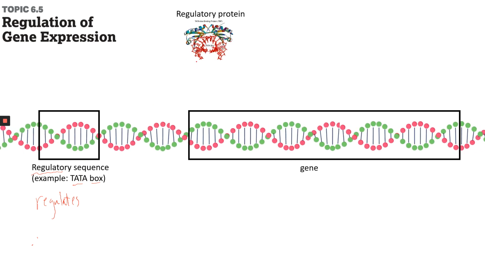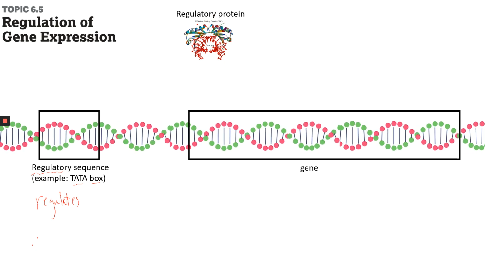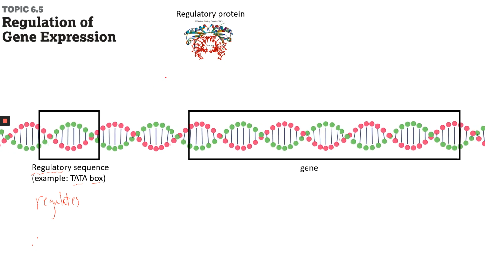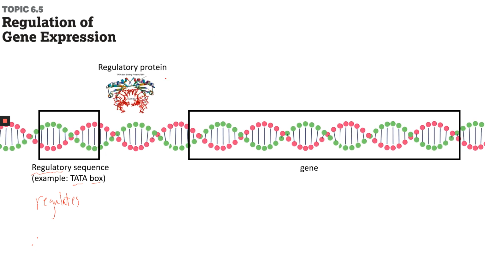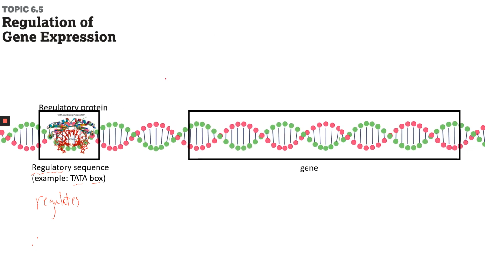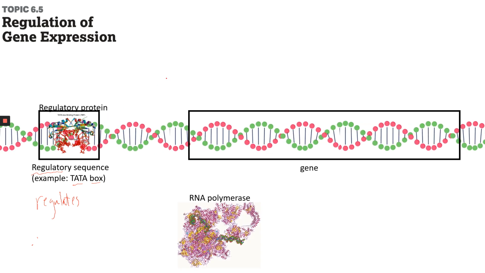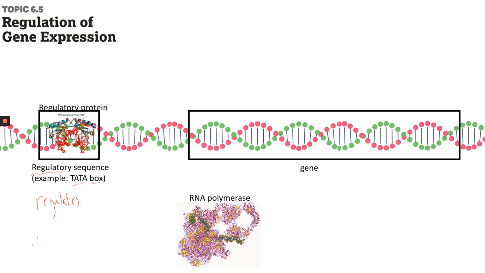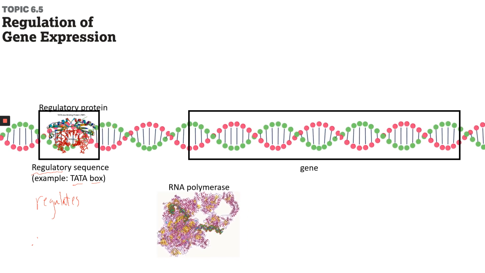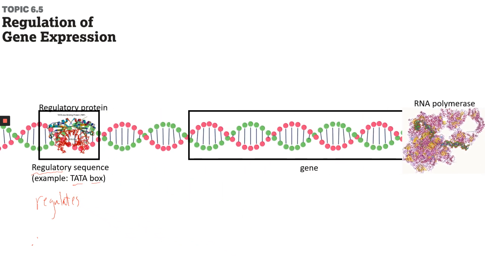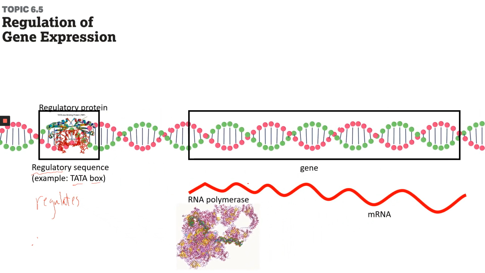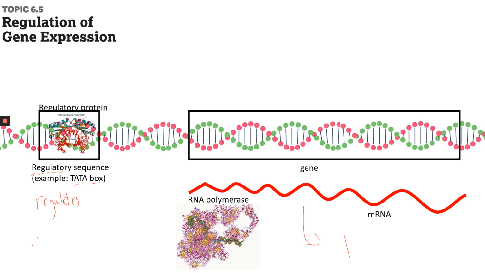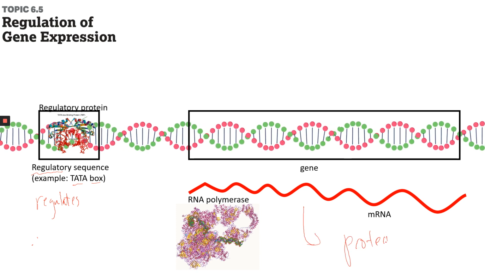So you might have some sort of regulatory protein, such as this TATA box binding protein. It binds to a specific sequence, and then your RNA polymerase will receive the signal based on this binding of the regulatory protein: hey, I need to bind and make an mRNA molecule, which eventually will become a specific protein.